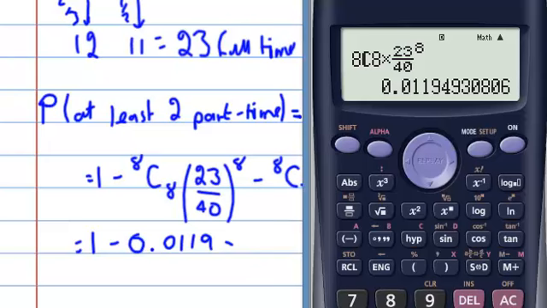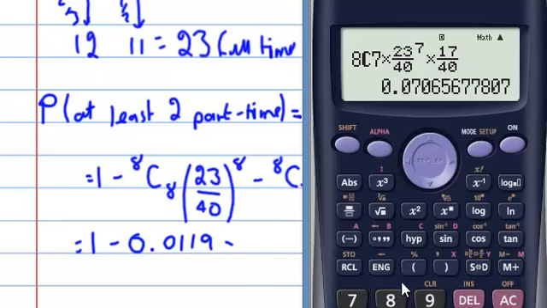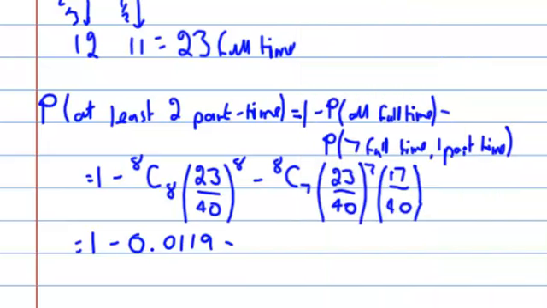And the other part of the calculation, I've got 8 choose 7 times the probability of them being full-time is 23 over 40 to the power of 7, because I'm choosing 7 of them, times the probability of choosing somebody who's a part-timer, that's 17 out of 40, and that's the power 1. So I don't need to put that. That's 0.0706, which I'll round off to 0.0707.